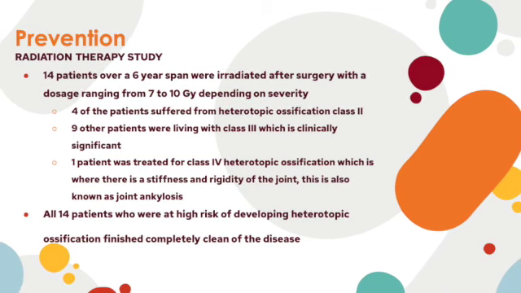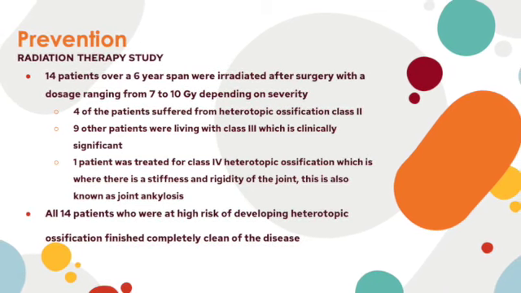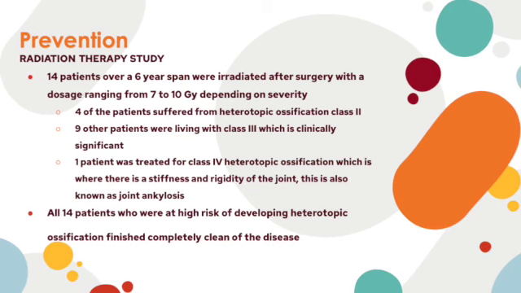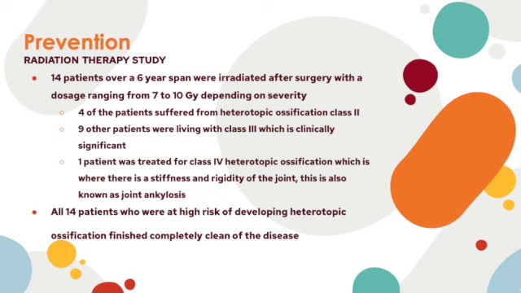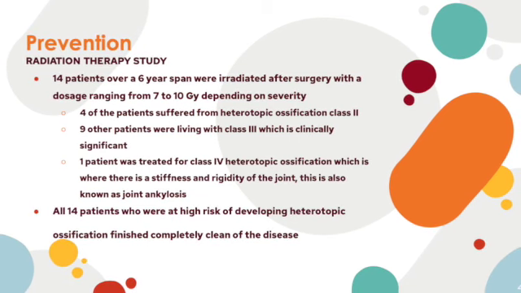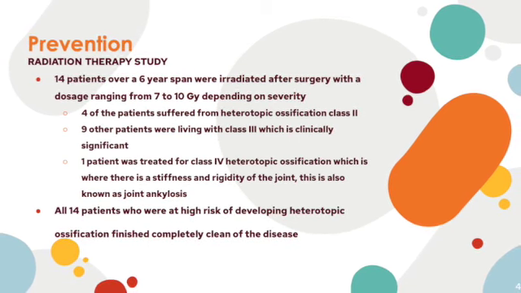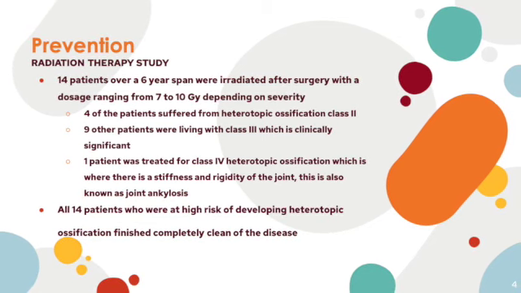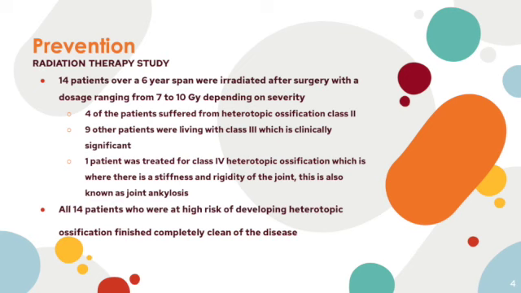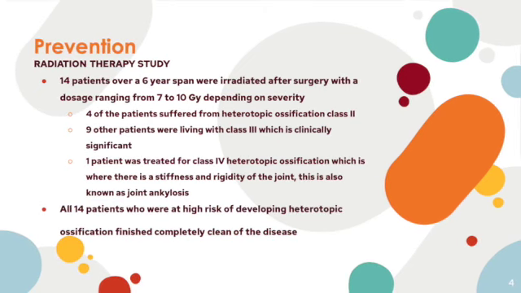This study demonstrated just how effective radiation therapy is by leaving all 14 patients who were at high risk of developing heterotopic ossification completely clean of the disease. Not only did the radiation therapy inhibit the heterotopic ossification from returning, but it did it safely to the point that there was no documentation of impaired wound healing or induced toxicity at all.